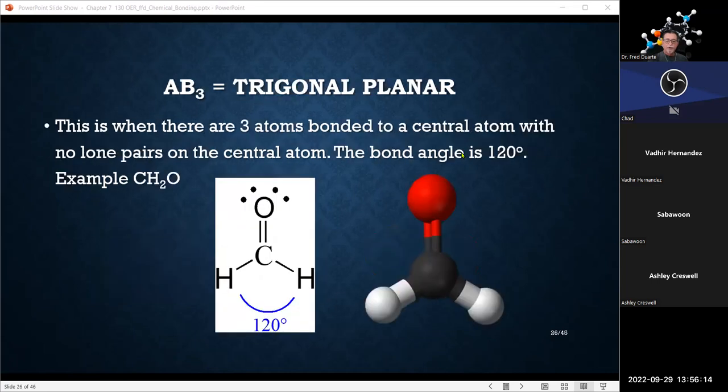The AB3 is what we call a trigonal planar. Okay. All right, so we have a central atom, here in this case carbon, and then 3 moieties bonded around it. And so all the way around, it's like an equilateral triangle, so to speak. It's 120 degrees all the way around.